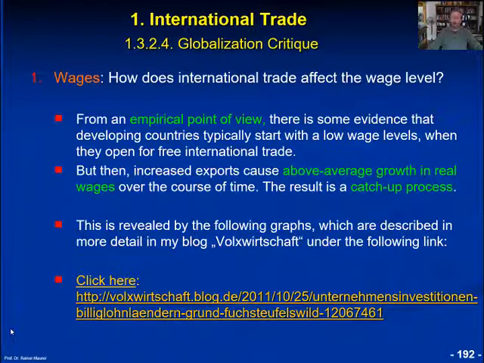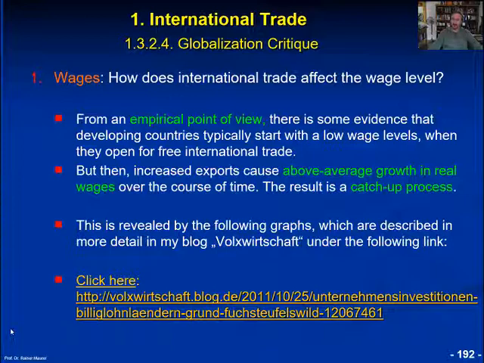From an empirical point of view, there is also a lot of evidence that developing countries typically start with low wages when they open for free international trade. But then increased exports cause above-average growth in real wages over the course of time.